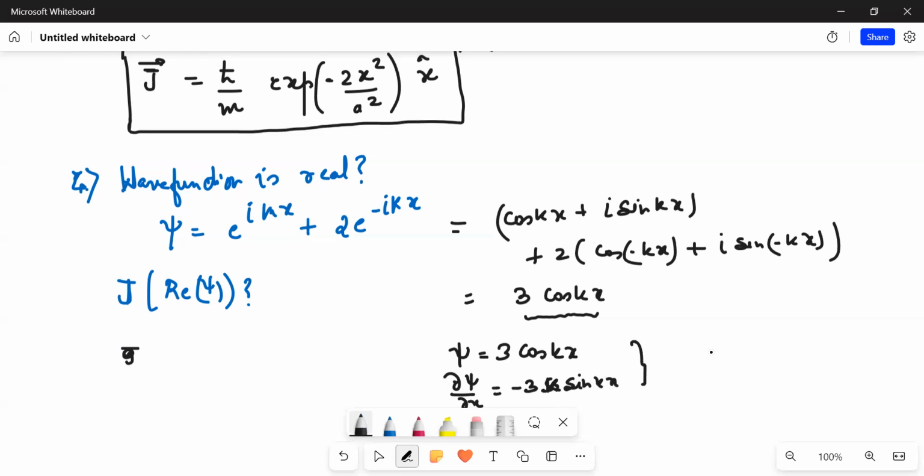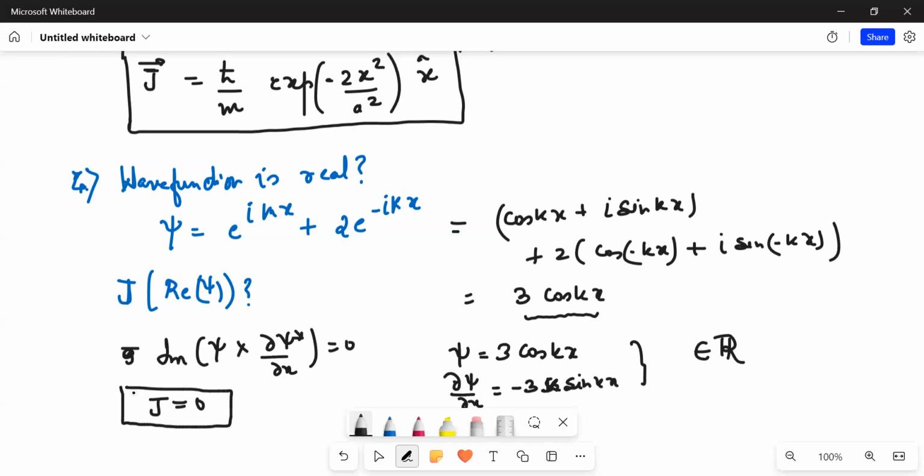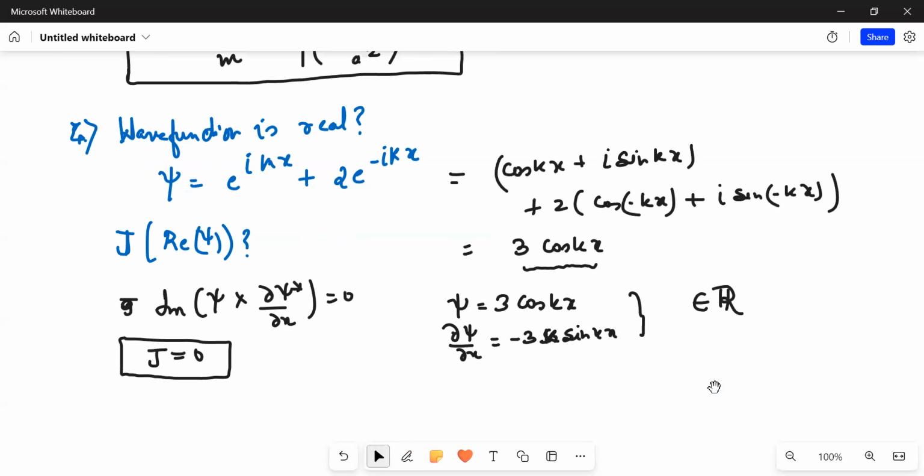If you multiply them, they will belong to real numbers only, and the imaginary part for psi into del psi star upon del x would be simply 0. So therefore, the probability current density would be simply 0. Is that clear?